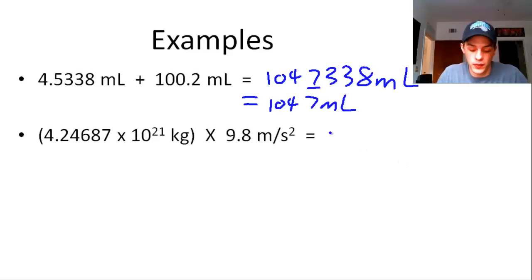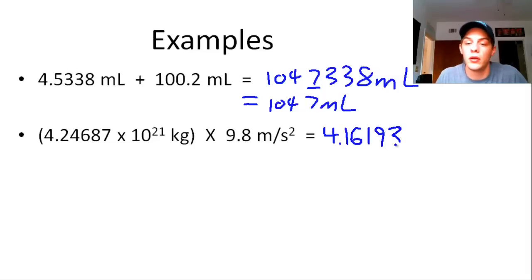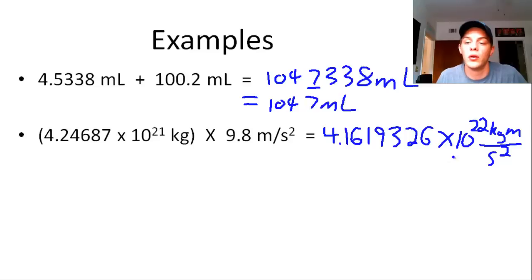So if you put this into a calculator, the calculator is going to say 4.1619326 times 10 to the 22, and the unit is kilograms times meters per square second. So again, this is a very long-winded number, and we're not going to keep all of this.